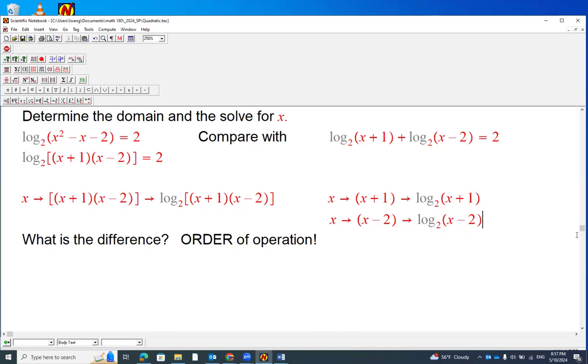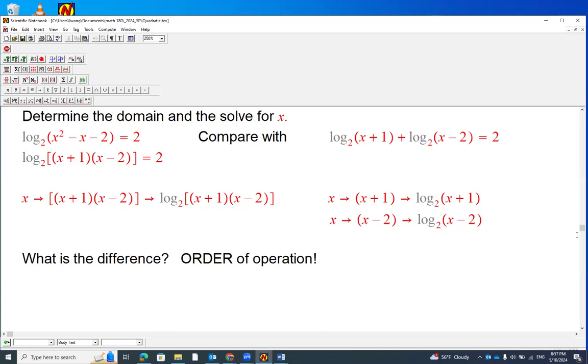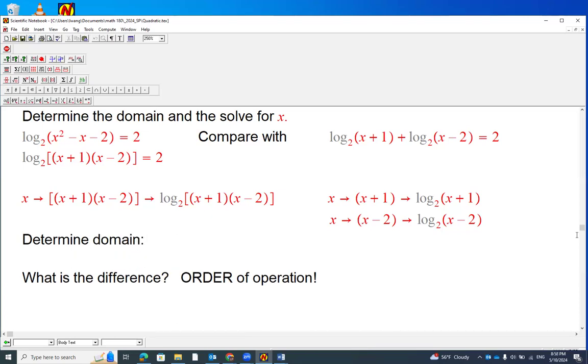All right? So when we determine the domain, this will be reflected. So to determine the domain, on this one, you need to guarantee the whole of the bracket is positive.